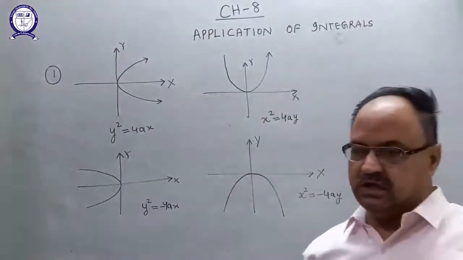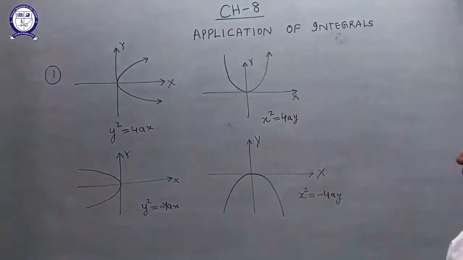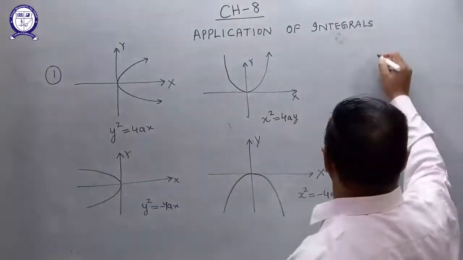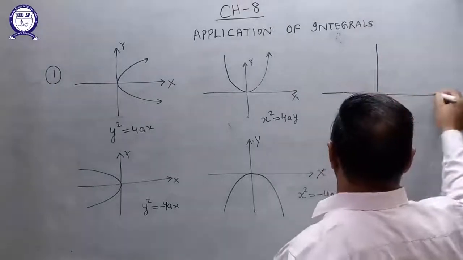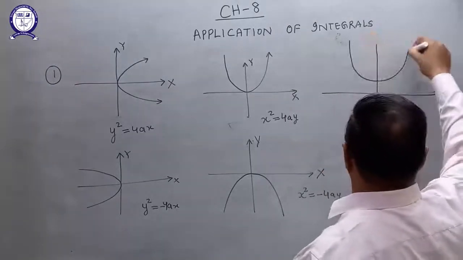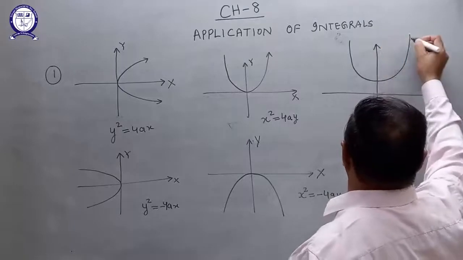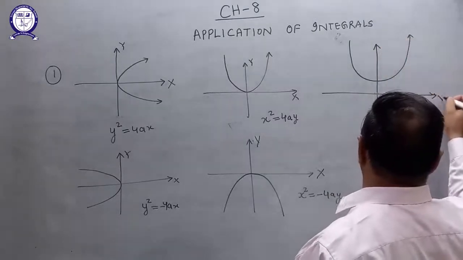Now we study about shifted parabola. The parabola which does not pass through the origin is called shifted parabola.